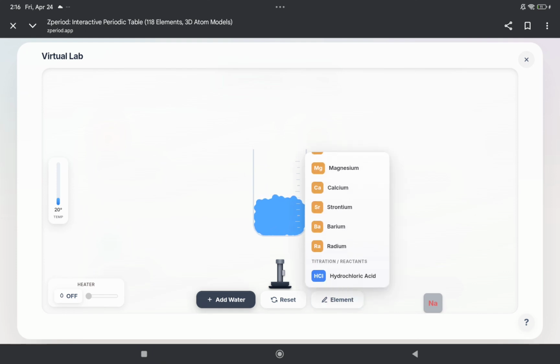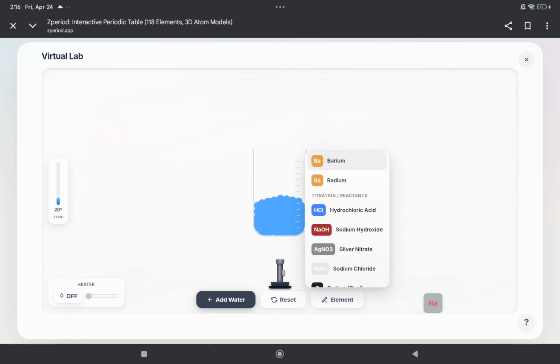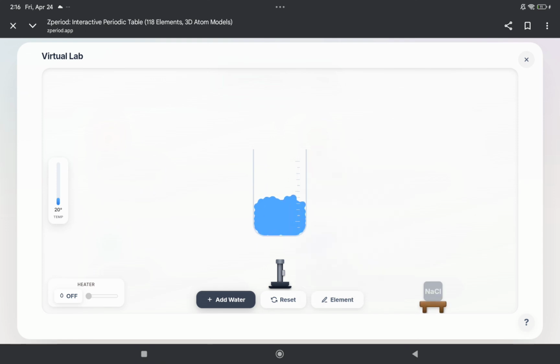Where is NaCl? NaCl is salt, so let's put salt on it. And we put salt, then let's heat it up. Now the NaCl is gone.